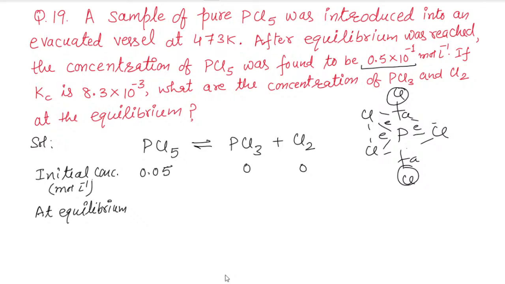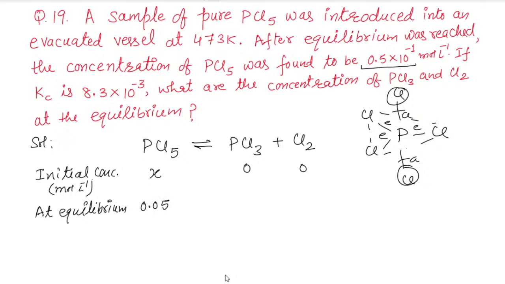Let us take X as the molar concentration of PCl5 which gets decomposed. Sorry, let us take the initial concentration as X, because the initial concentration is not given to us, but at equilibrium it is given, it is 0.05.